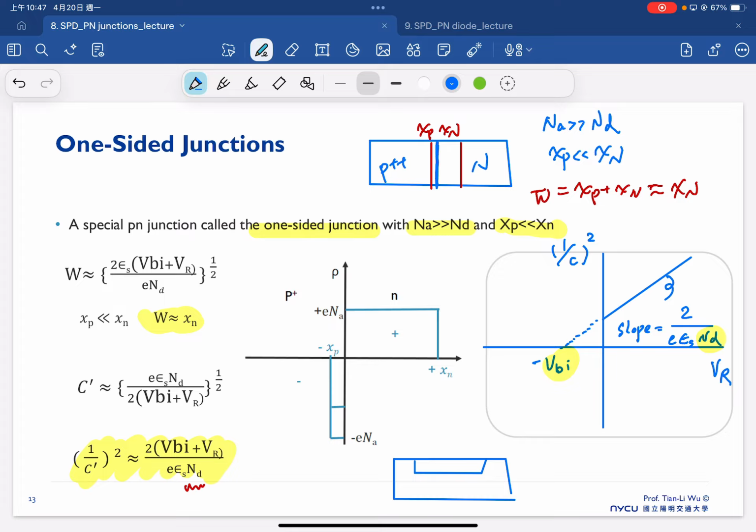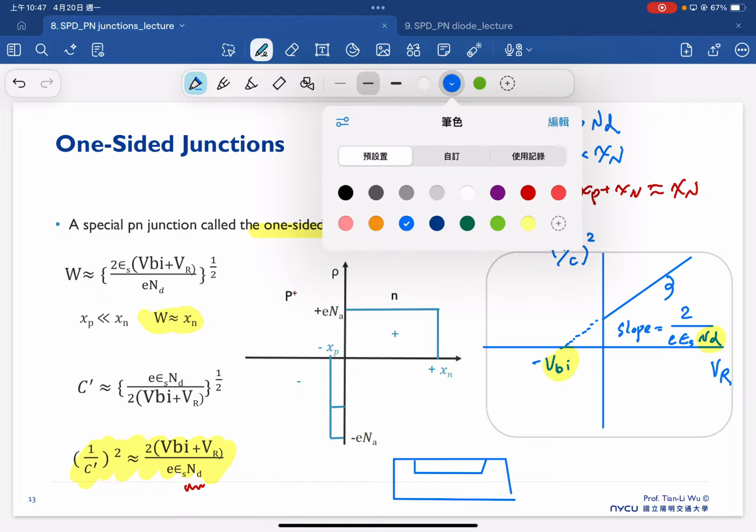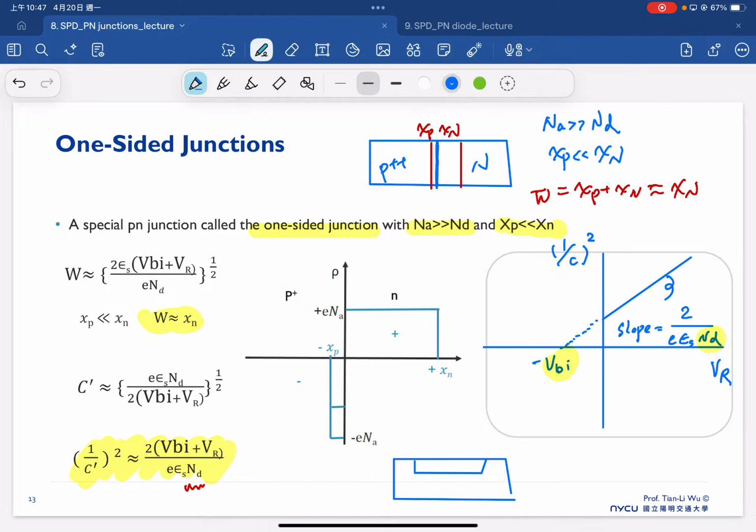Normally we will create this special structure where we have a substrate here, and the goal is to find out what our doping concentration in the substrate is. What we need to do is form a small P++ region in one specific location of the wafer.